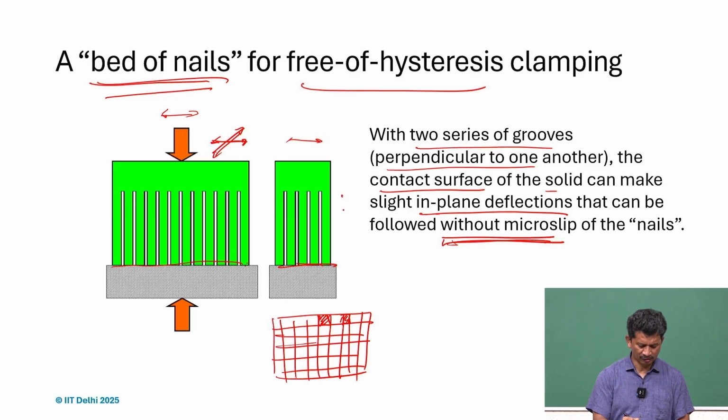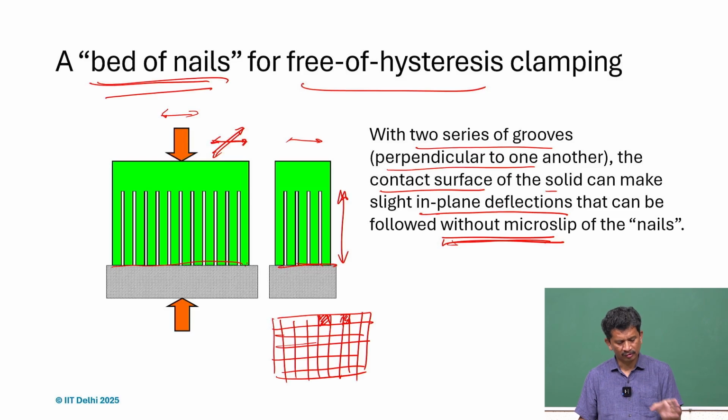Of course, here the length and the width of each nail is important, because if it's too long, then because it's a compressive load and it has to be preloaded, we have to take care of that. And of course, whenever we are designing things using compliant mechanisms, we also have to know the limitations and check for that.